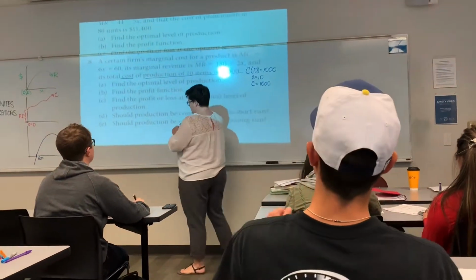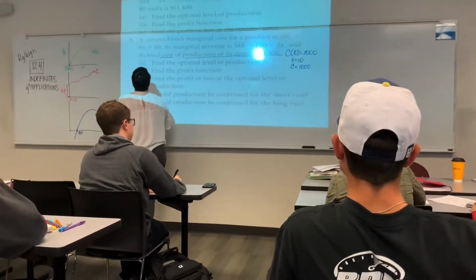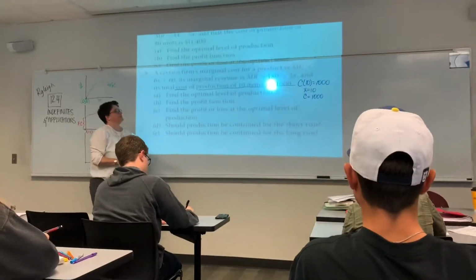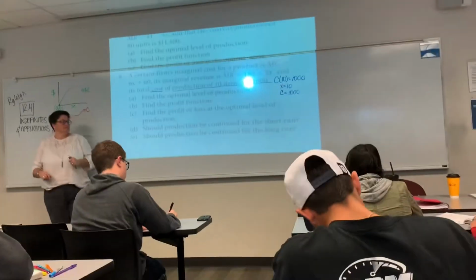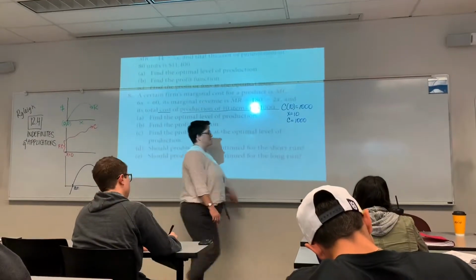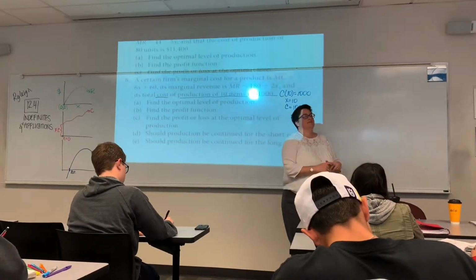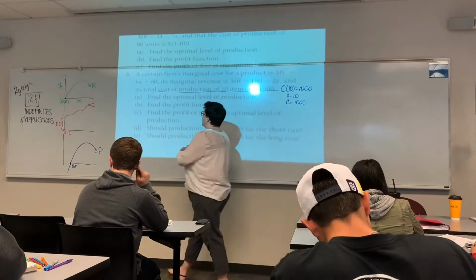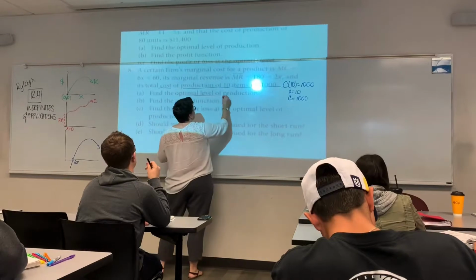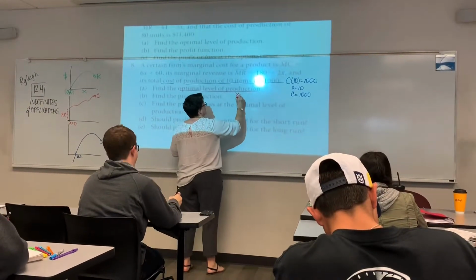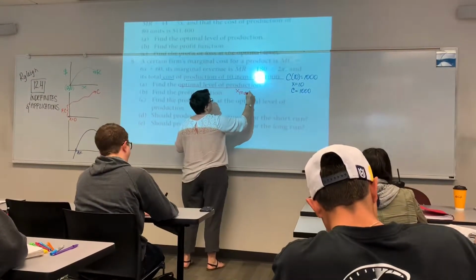So far, so good, you guys? Okay. What are we asked to find first? Optimal level of production. Optimal level of production translates to the X that gives you max profit.